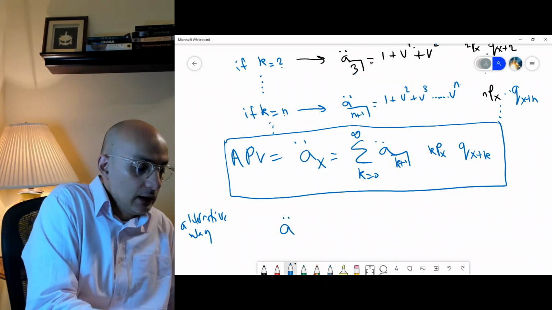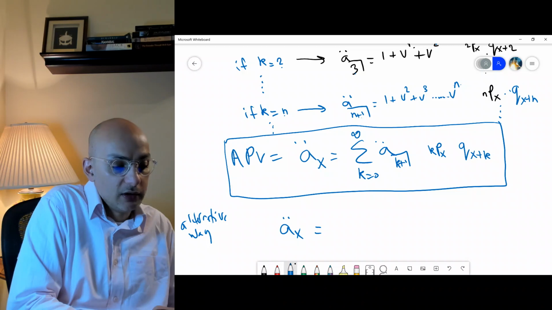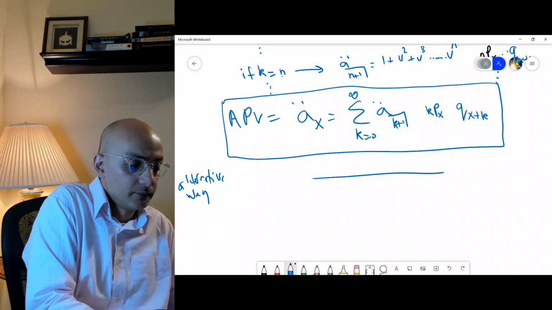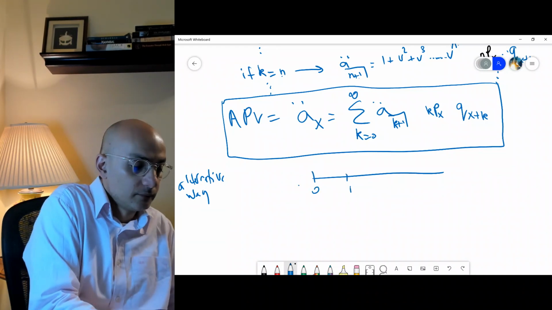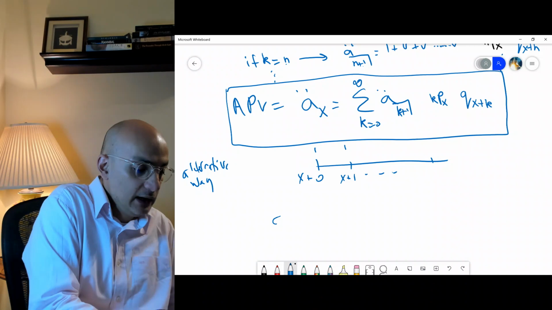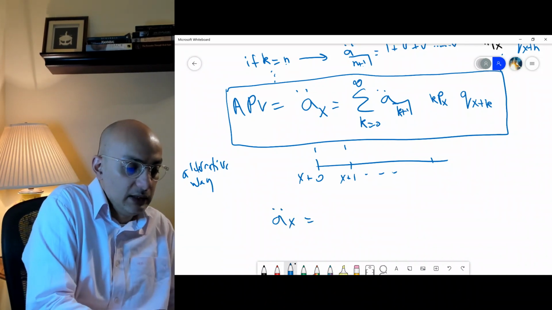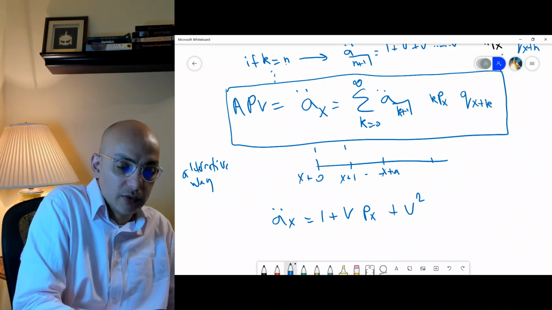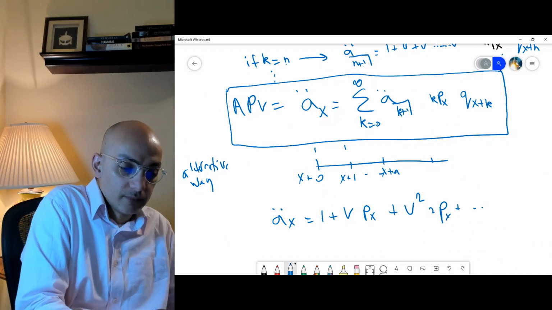Alternatively, you can think about ax this way. You say I'll get 1, then you add 1 plus v, and to get this v you need to survive, px. Then v2, to get to x plus 2 you need to survive, 2px.